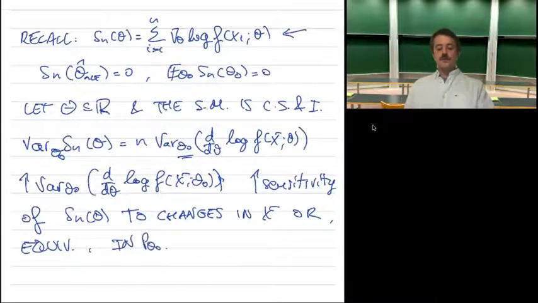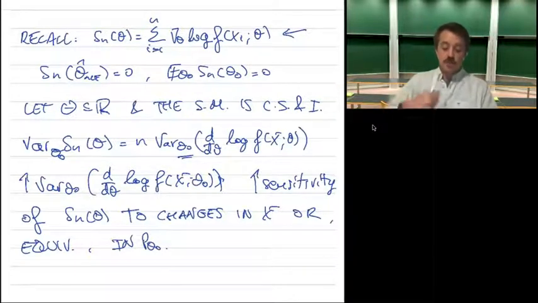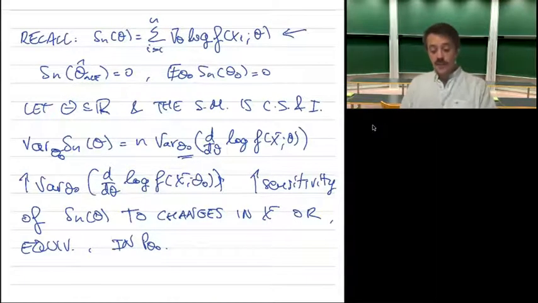That should be clear, right? More variance means that you're changing a lot more as the X is changing. And of course, X is defined through the P theta naught. So when P theta naught changes, then the X will change, and this will affect the score function.